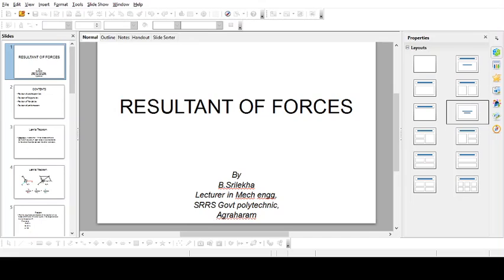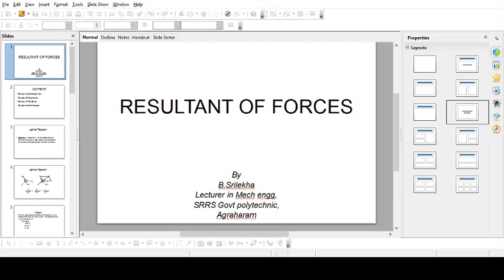Now according to Lame's theorem we can write that force by sine of the opposite angle is proportional. So P by sine alpha is equal to Q by sine beta is equal to R by sine gamma. This is our Lame's theorem.